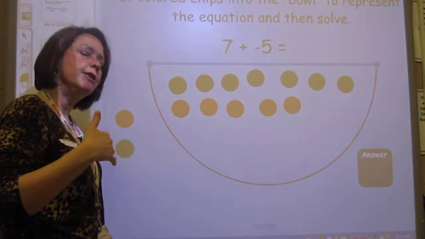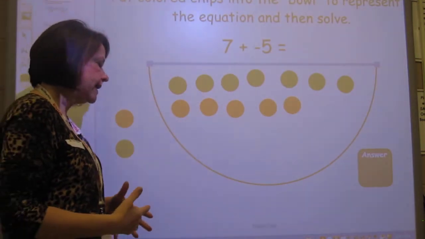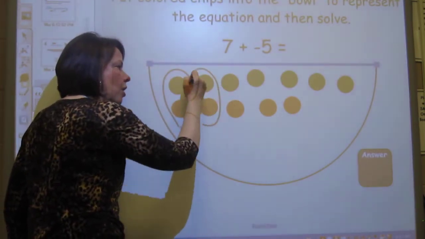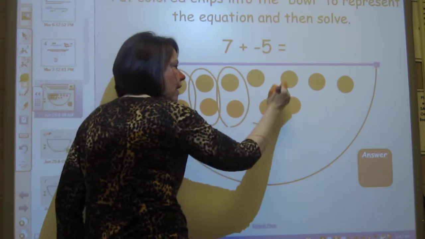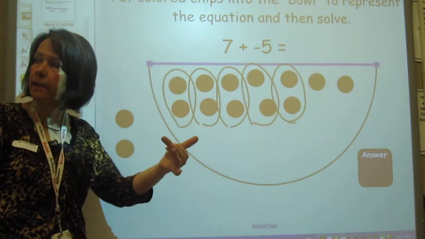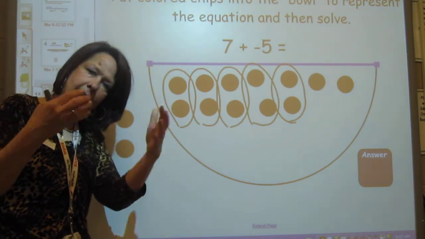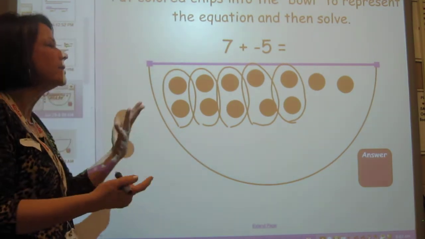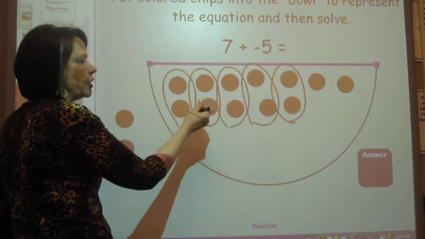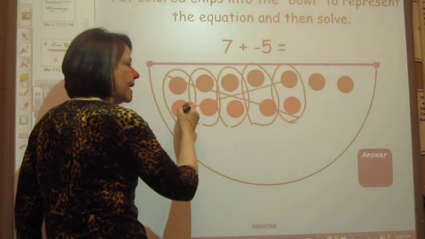Okay, now what we do in this case is we start gathering together what we were calling 0 pairs. Now, why are we calling them 0 pairs? Because a +1 and a -1 equals 0. So they kind of cancel each other. So I gathered all these pairs, and basically what you're going to be doing is taking them away.